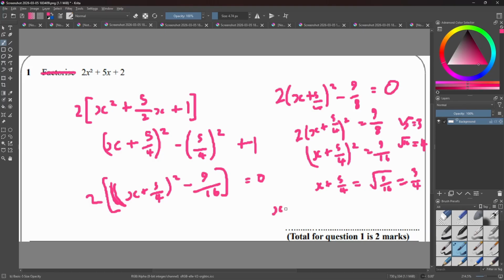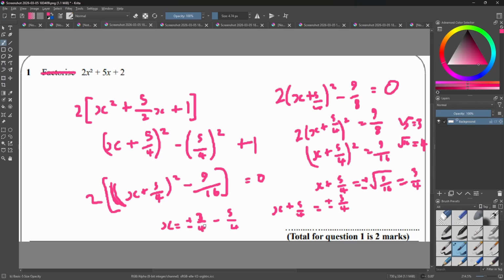So x plus 5 over 4, but it's also plus minus, equals plus minus 3 over 4. X equals plus minus 3 over 4. Then we subtract the 5 over 4, subtract the 5 over 4, and that is our answer.